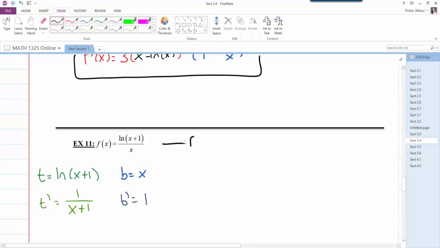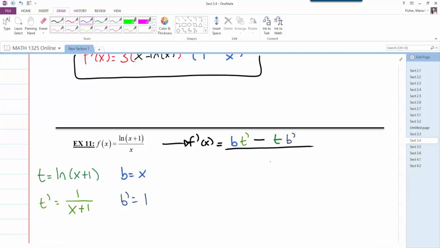So recall, f prime of x is going to equal the bottom times the derivative of the top minus the top times the derivative of the bottom, all over the bottom squared.